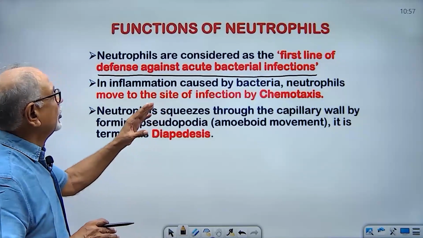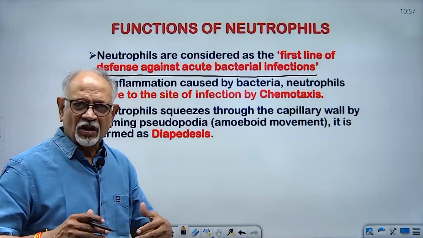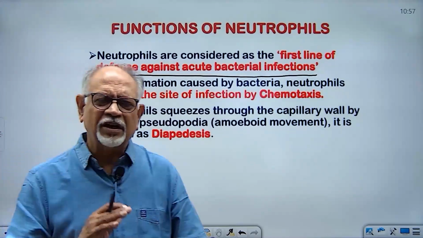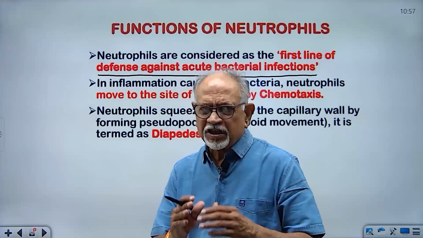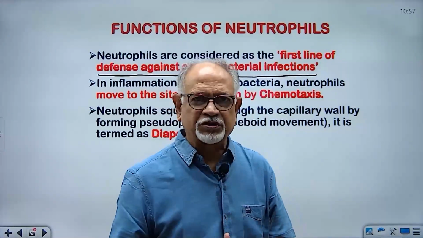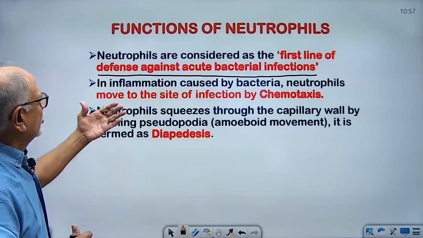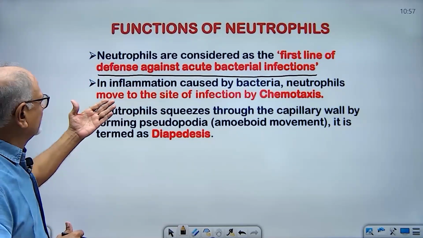So it is a first line defense. Whenever any pathogen enters our body, it has to encounter the neutrophils first. So they are the first and front line defense cells of our body.